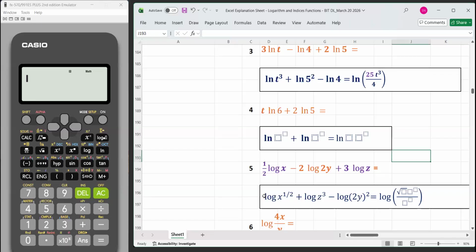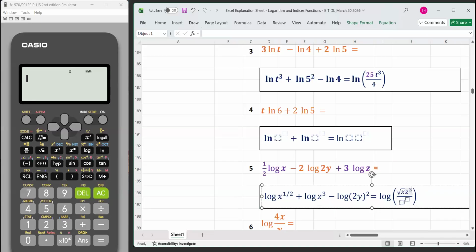Okay, now we are combining square root of x to z cubed. Remember, they are being added, so it becomes multiplication. So what should this log be equal to? Log what times what? The square root of x times z to the power 3.